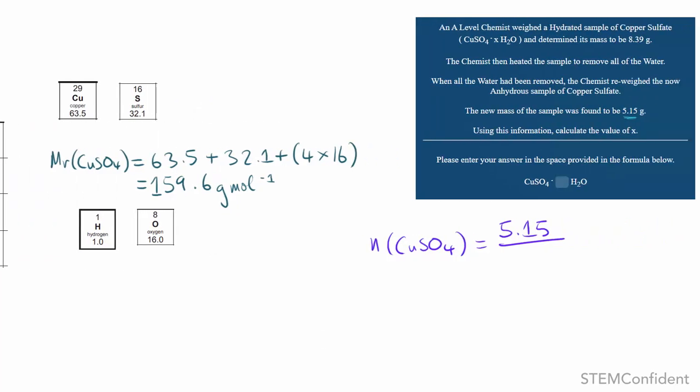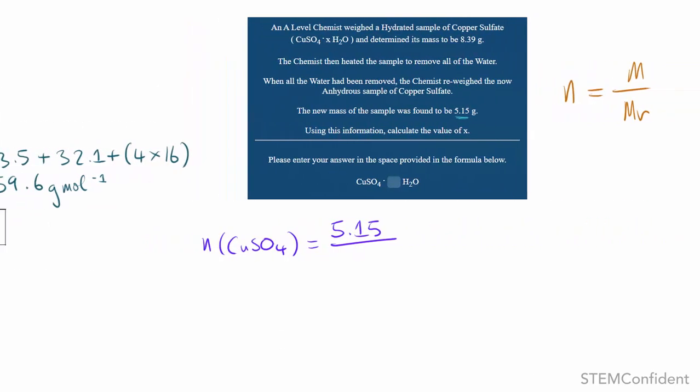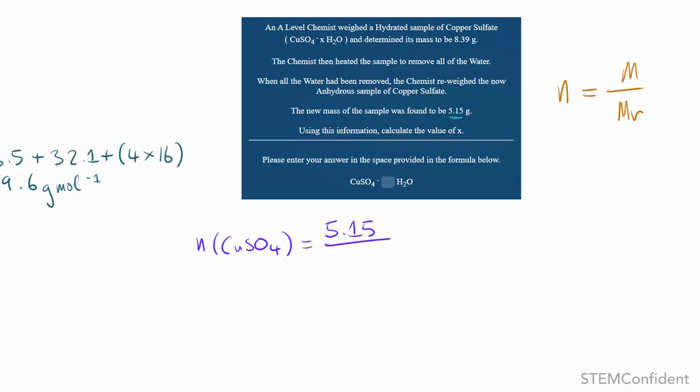Okay, right. Now, let's just sort this out first. So 5.15 divided by 159.6, if you work that out, that's going to give you 0.032268, and that's going to be in moles, right?